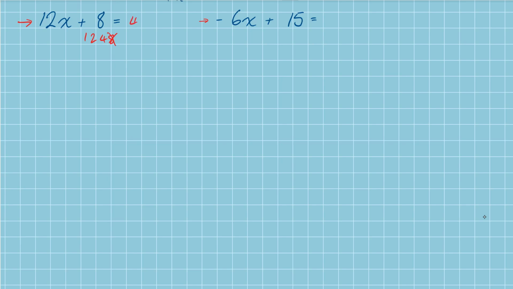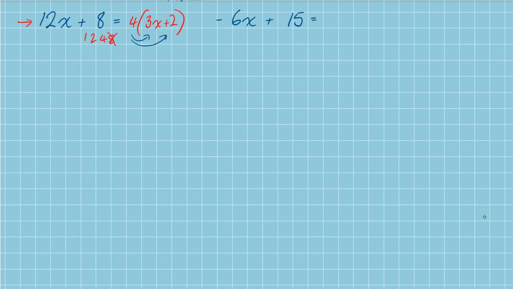So my 4 is going to go out in front. 12x divided by 4 is 3x. And 8 divided by 4 is 2. So there you go. There's your first answer: 4 bracket 3x plus 2. And obviously we can check that. 12x and 8. Yeah, fantastic.